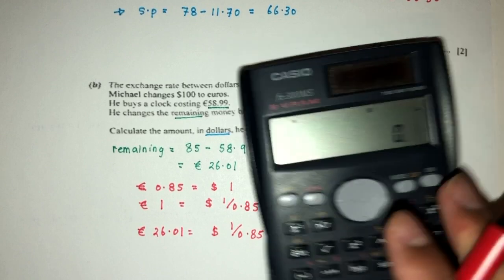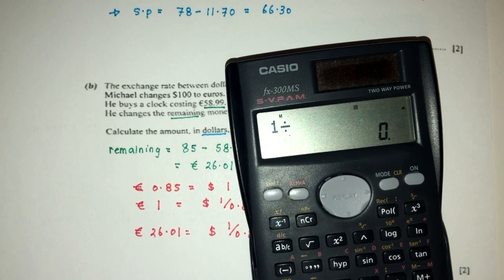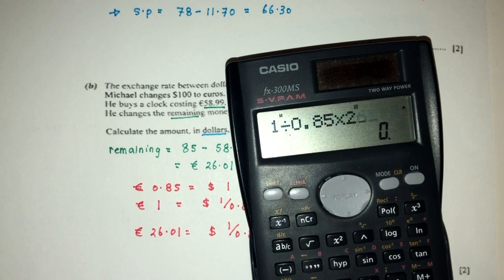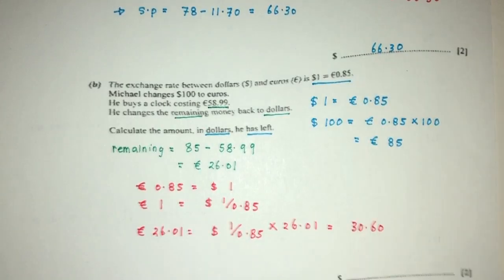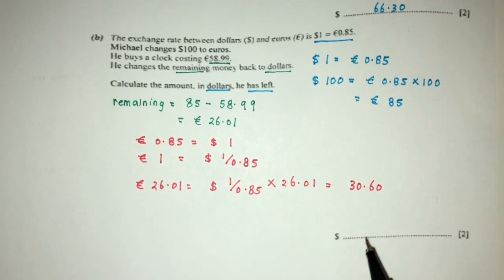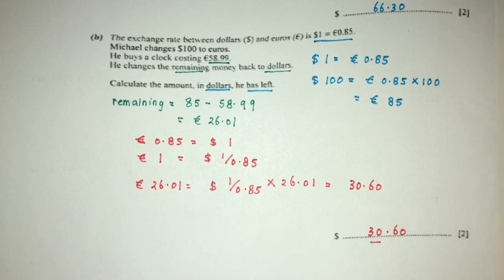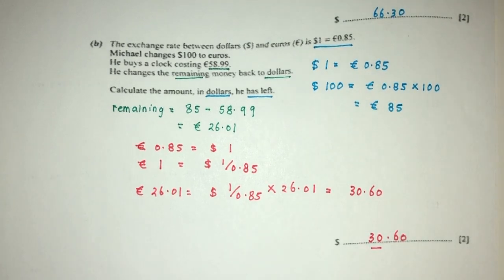So 1 divided by 0.85 times 26.01 will be 30.60. So the amount in dollars is $30.60 left after buying the clock.